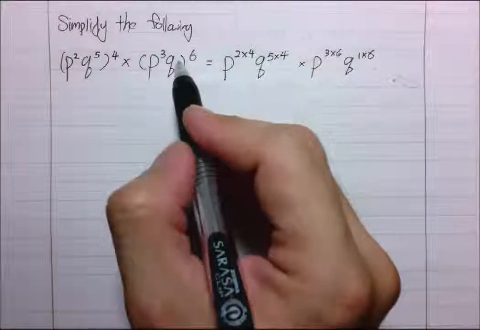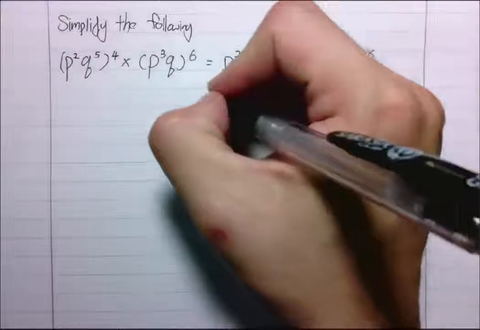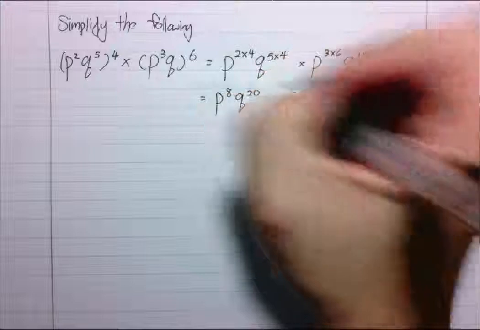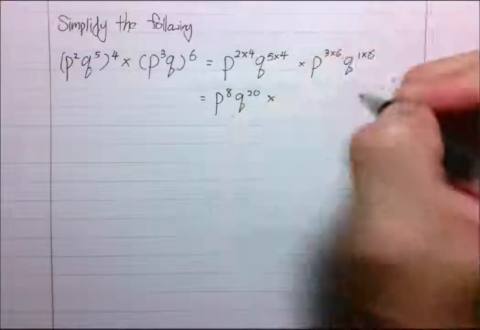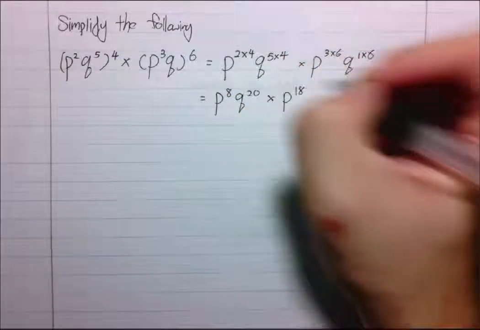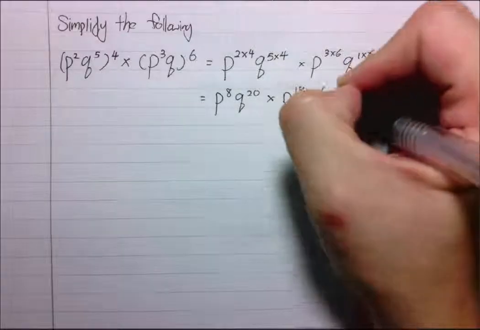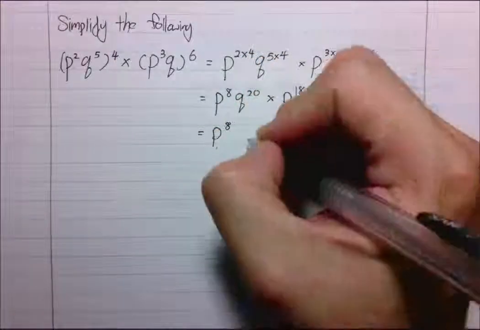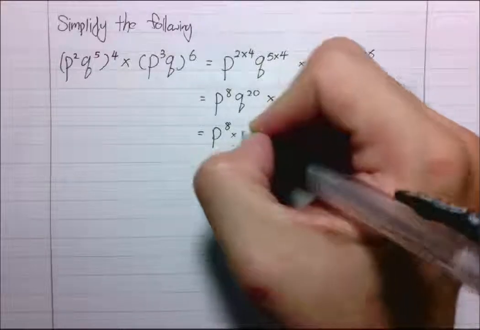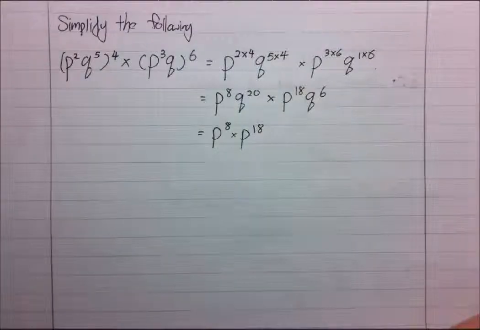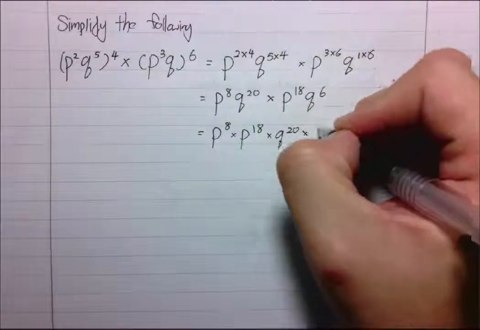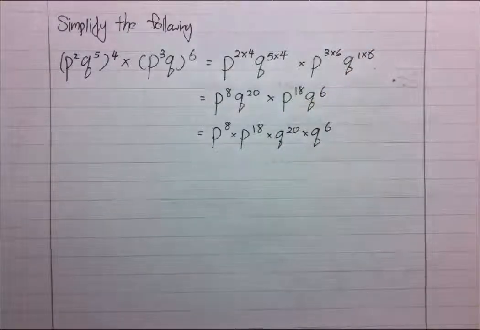When there's nothing there, we just take it that it is 1. So we simplify, we get p to the power of 8 q to the power of 20 times p to the power of 18 q to the power of 6. Then just like what we did before, we rearrange in alphabetical order. P to the power of 8 can be put together with p to the power of 18, and q to the power of 20 can be put together with q to the power of 6.